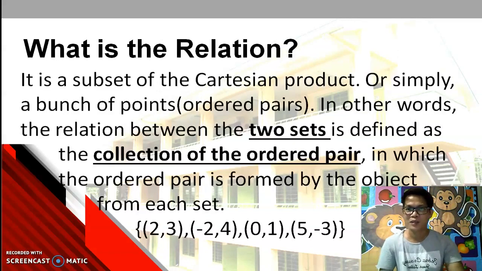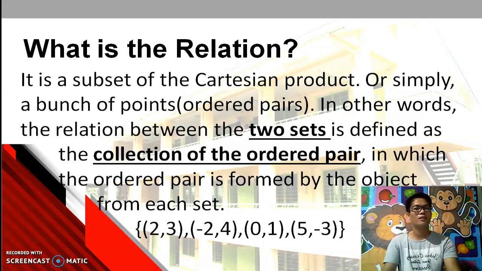Okay, so what is a relation? According to Google, a relation is simply a subset of the Cartesian product, or simply a bunch of points or a bunch of ordered pairs. You can see the words ordered pairs. In other words, this is the relation between two sets, defined as a collection of ordered pairs.